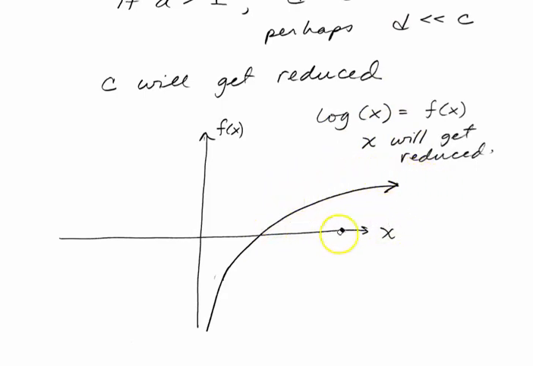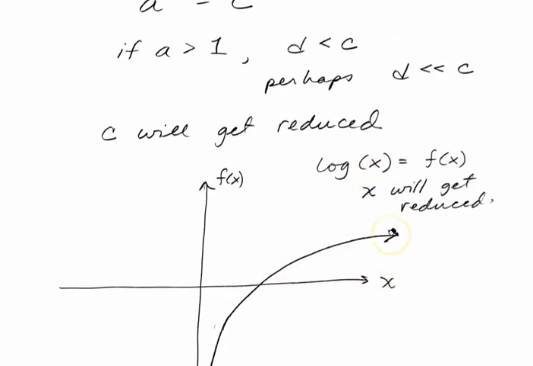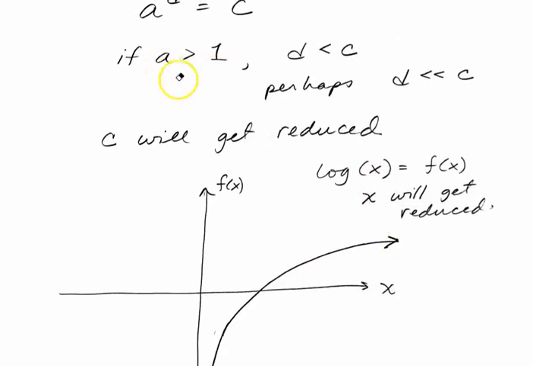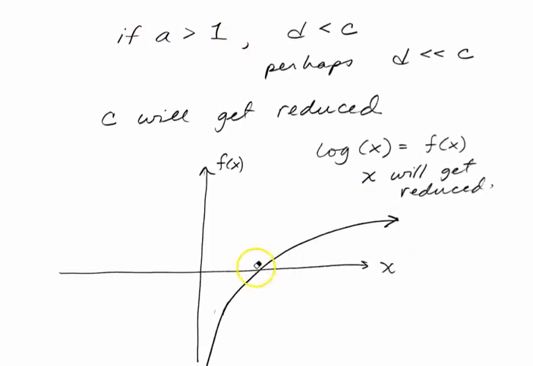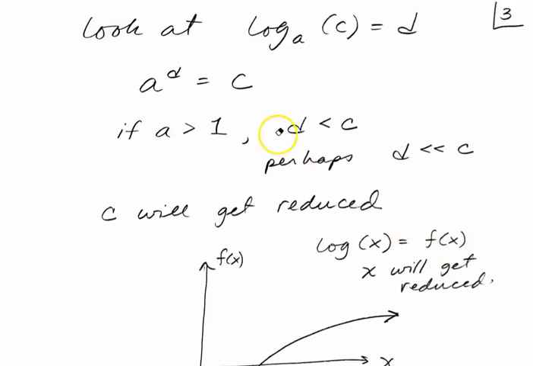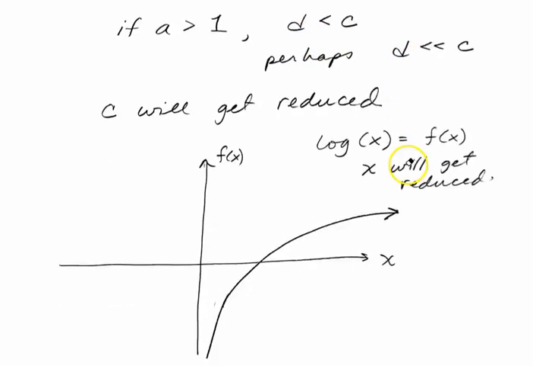That would be as the argument gets big. Generally we restrict the base to be greater than 1. And so this would mean that as x gets big, f of x reduces. F of x is going to reduce. So there's the argument, and then D starts to get smaller. And a lot of times it's much smaller than C.